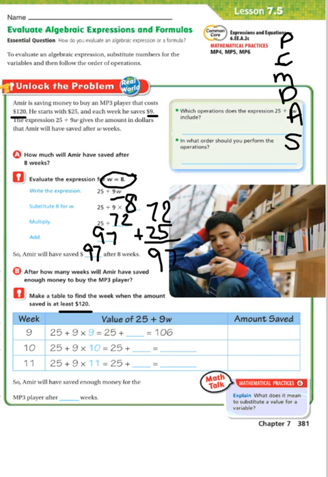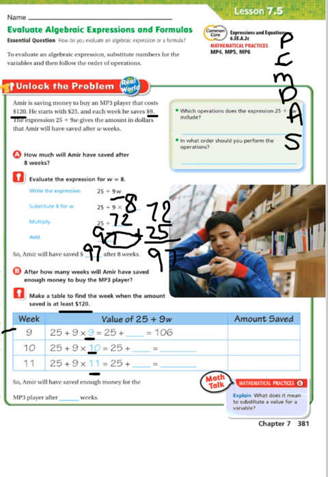At least $120. So for week 9, we would put 9 as a substitution for the variable W. For 10 weeks, we would use 10 as the substitution for W, and for 11 weeks, we would use 11. That's where those numbers are coming from. Then we follow order of operations, just like we did in the example problem.